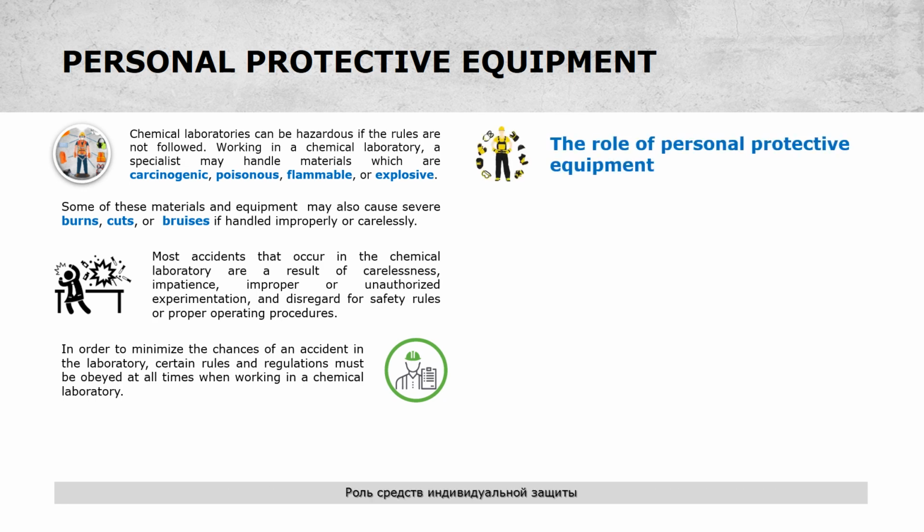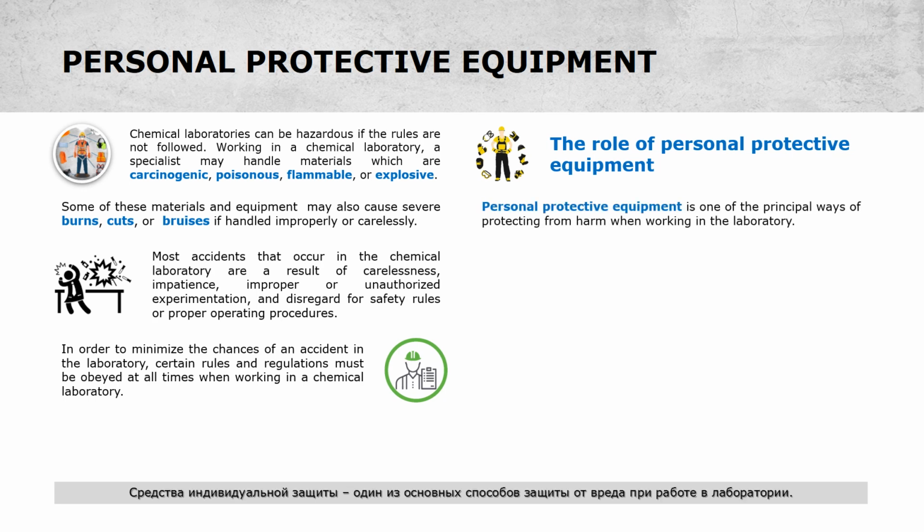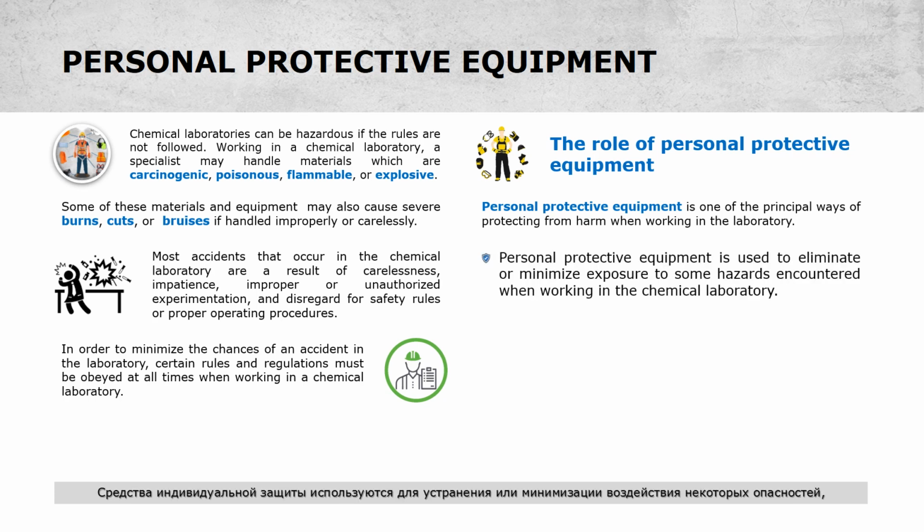The role of personal protective equipment. Personal protective equipment is one of the principal ways of protecting from harm when working in the laboratory. Personal protective equipment is used to eliminate or minimize exposure to some hazards encountered when working in the chemical laboratory.